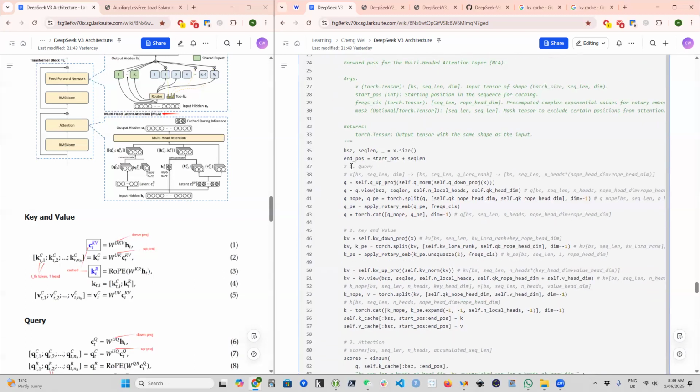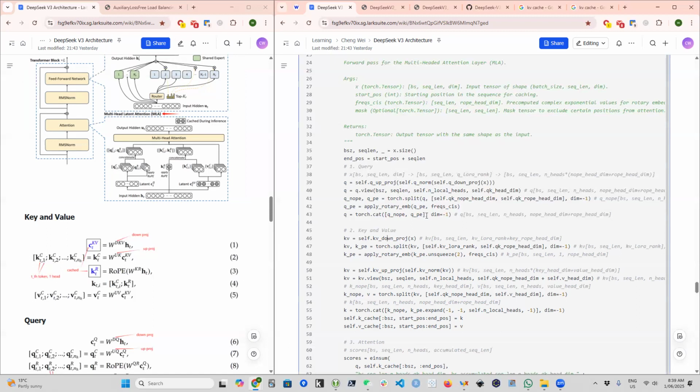Then the first step is we down project Q, then up project Q. Then we rearrange Q and split Q. It maps to the diagram here: down project, then up project, then split into the position encoding part and the non-position encoding part.